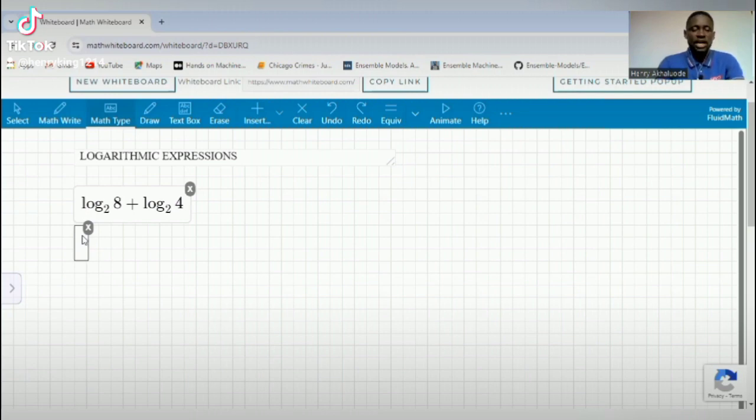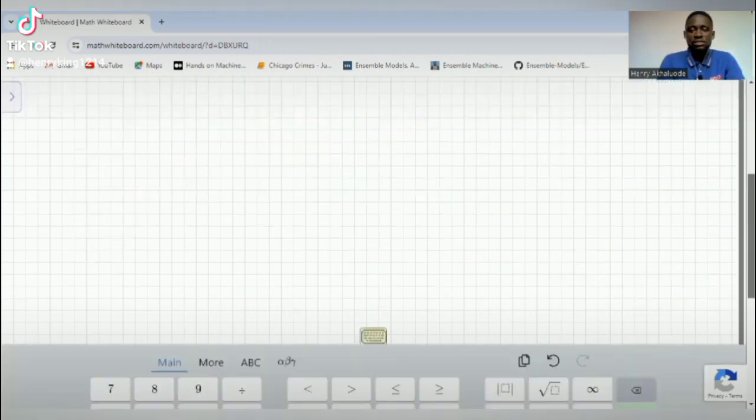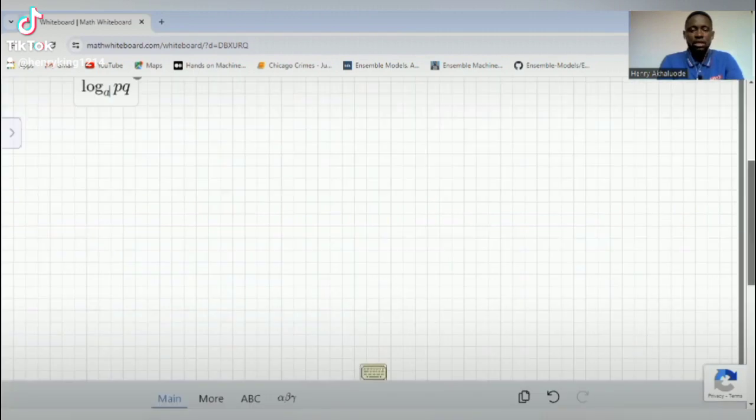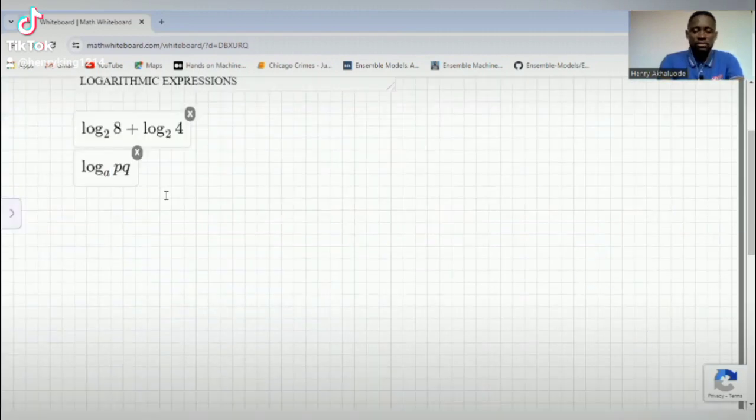Like we had in our previous lesson, the multiplication or product rule, where we have the logarithm of P times Q in base A. Let me put that in brackets so we don't get it all mixed up.